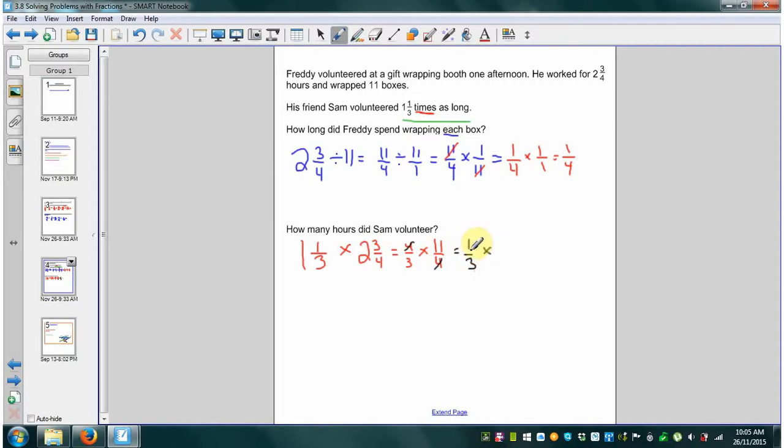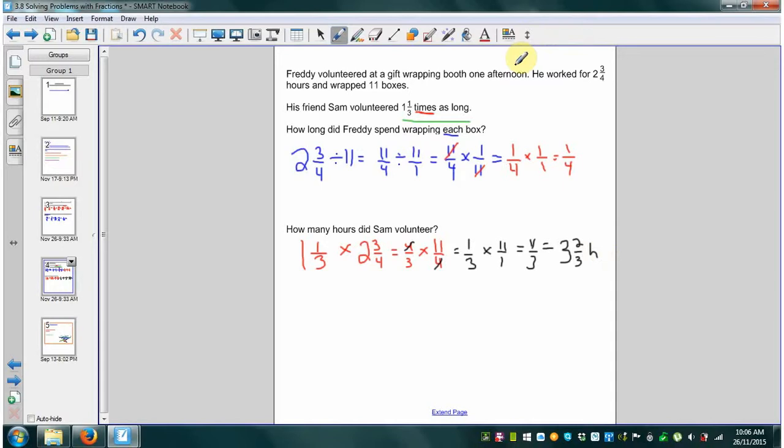Times by, didn't do anything here, so we keep. And then on the bottom, 4 divided by 4 is 1. Top times top is 11. Bottom times bottom is 3. 11 over 3. Let's simplify that into a nice mixed number. 3 goes into 11 3 times, and you have 2 remainder. Keep our denominator. So Sam volunteered for 3 and 2/3 hours.